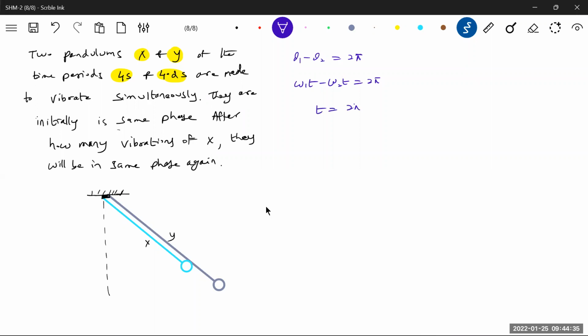So the time will be 2 pi. So this T1 will be 4.